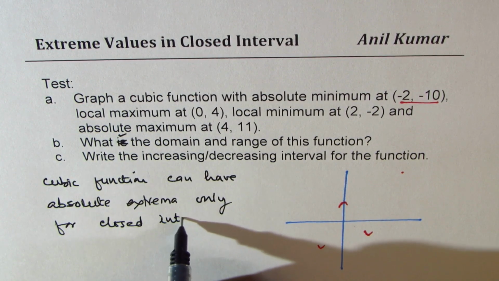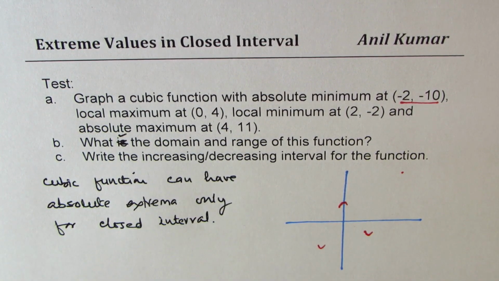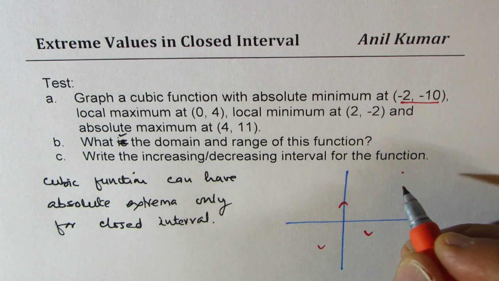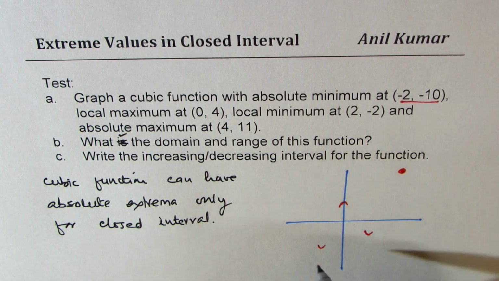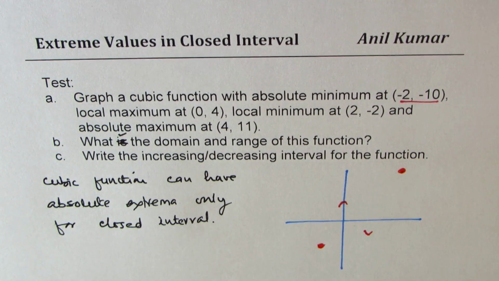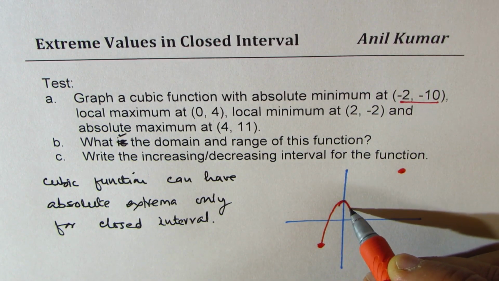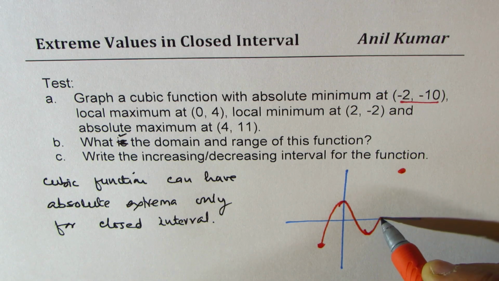Closed interval. Keep that in mind. Only then you can sketch it. Otherwise, it kind of becomes difficult. So what we will note here is that these two points are the extreme values. These two are the extreme values for us, right? And in between, the function has a turning point at local maximum and minimum.